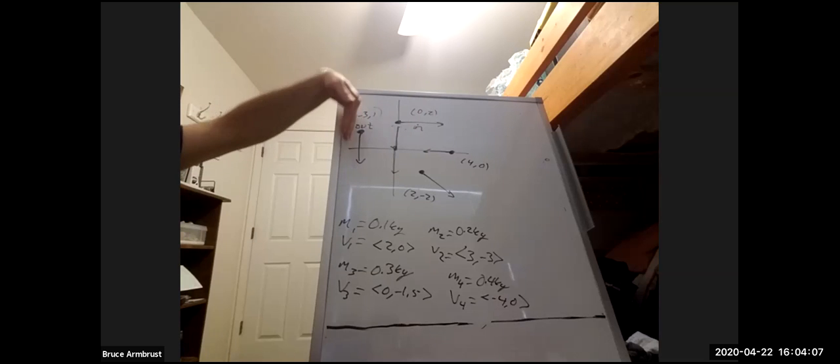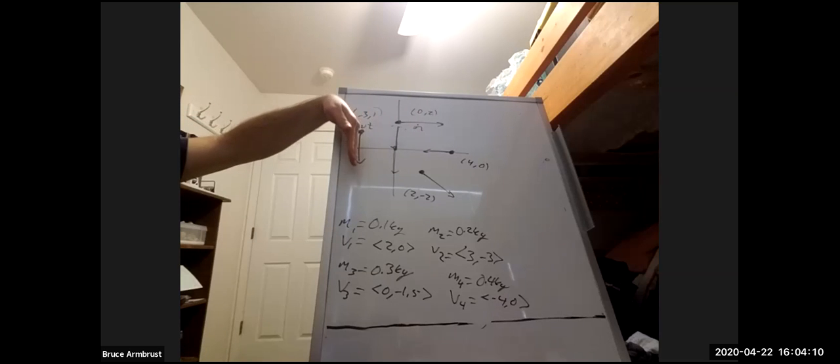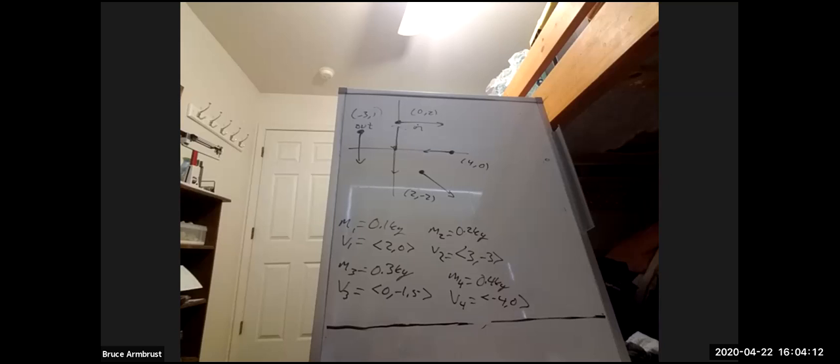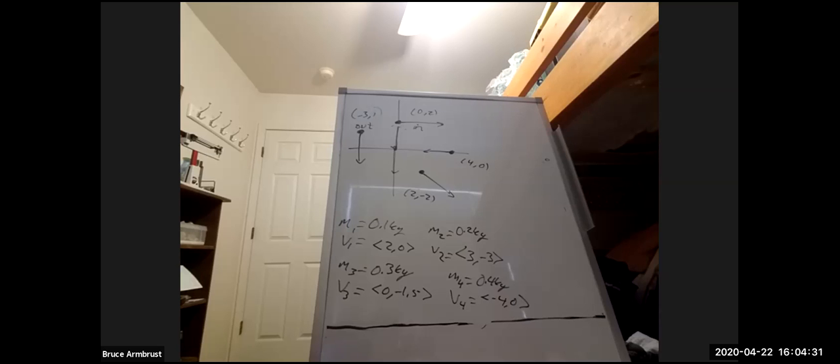The second one is trying to go in a counterclockwise direction. So we should have opposite orientations on those two vectors. All right, so okay for those two? Yeah. All right, so let's think about the other ones.